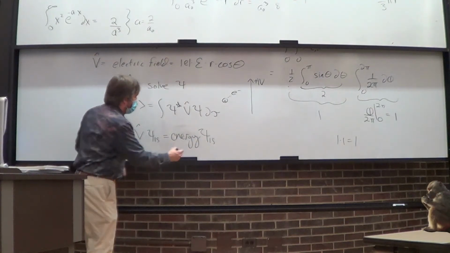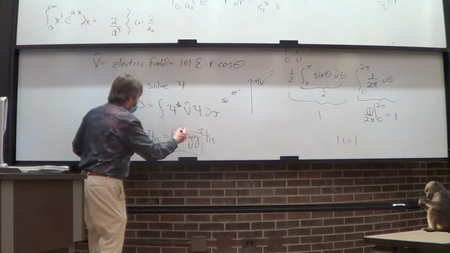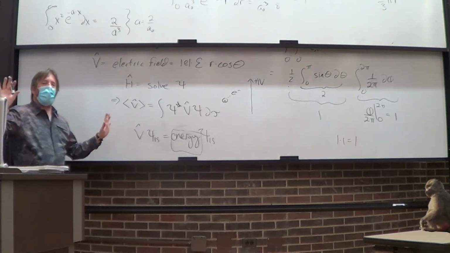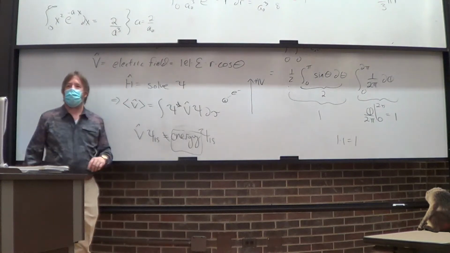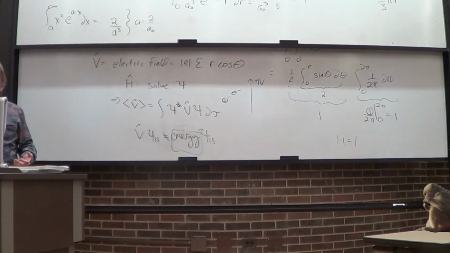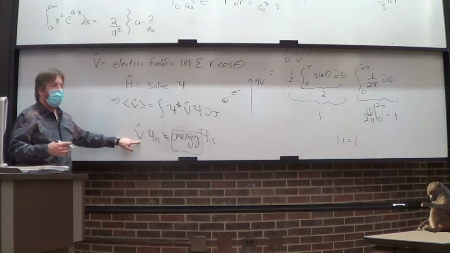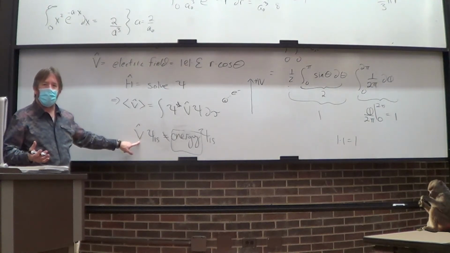And then I would just tack that on to minus 13.6, and that's what the measurement gives. It doesn't work, because this wave function is not the eigenfunction of this operator.